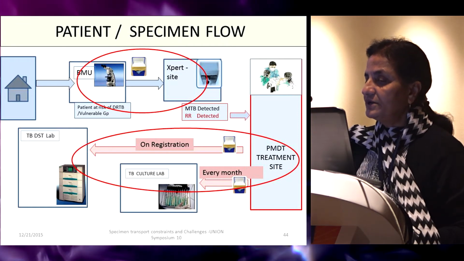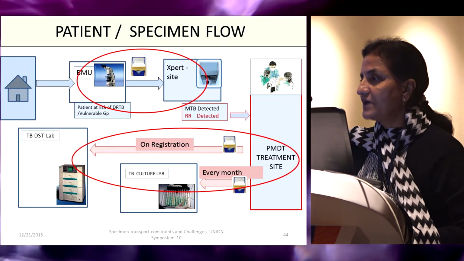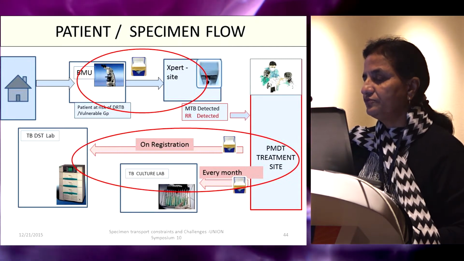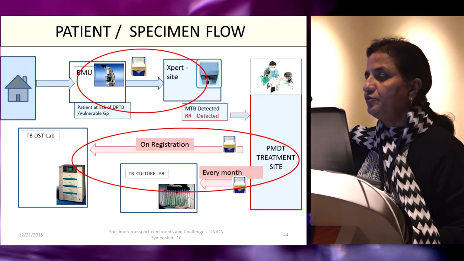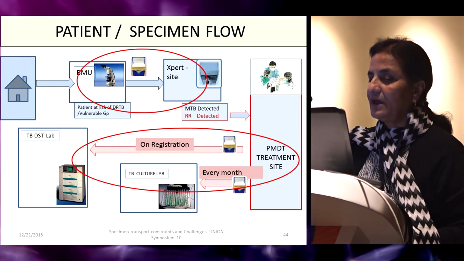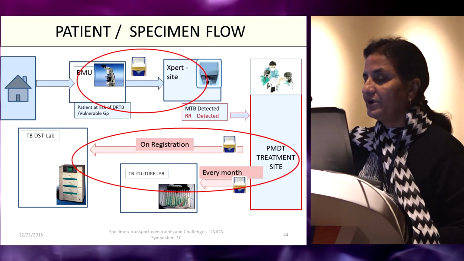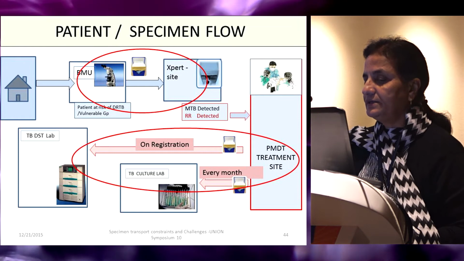If the patient is identified as rifampicin resistant, he is then referred to the site for programmatic management of drug-resistant TB. On enrollment, his specimen is collected and transported to the DST laboratory for first and second line DST.